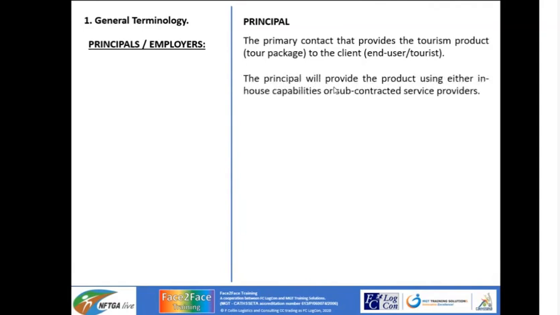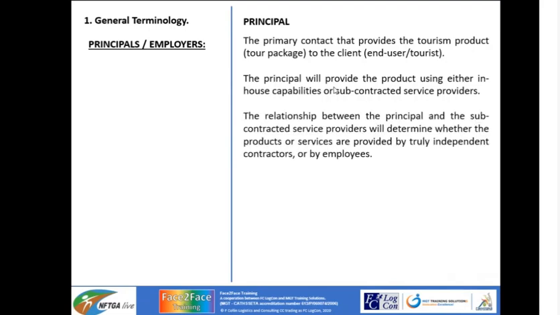That principal will provide the product either using in-house capabilities or subcontracted service providers. So the relationship between that principal and the subcontracted service provider is what determines whether the service provider is an independent contractor or an employee. Okay, I hope I haven't lost anybody yet.